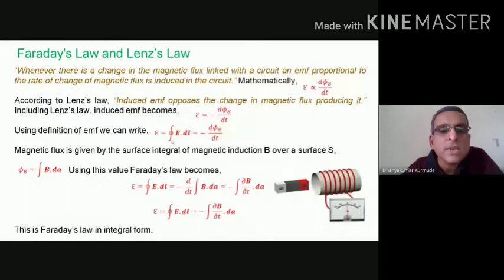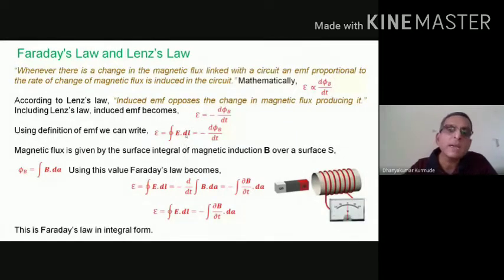What is the definition? Induced EMF, or simply EMF, is the work done in moving a unit positive charge around a closed path. Again, as usual, this dl is the small displacement, a small part of the entire loop around which we move the charge. So dl we call a line element.